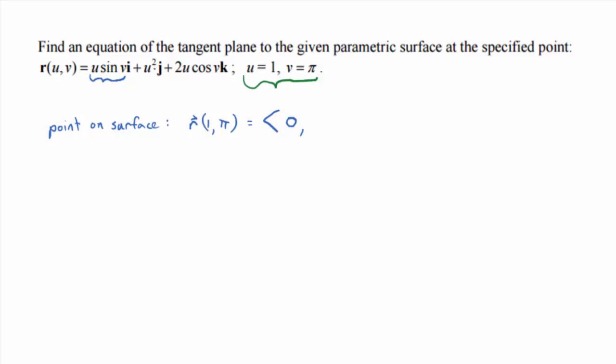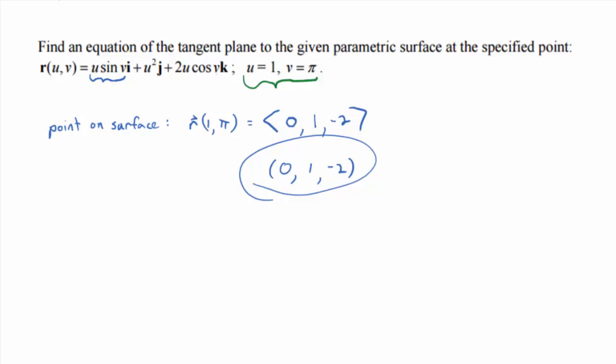And then what do we get when we plug in 1 for u for the middle component? Well, 1 squared is 1, right? And then what do we get when we plug in pi for v and 1 for u? -2, because cosine of pi is -1. So -1 times 2 times 1 is going to be -2. Agreed there? So the point of tangency is this guy.